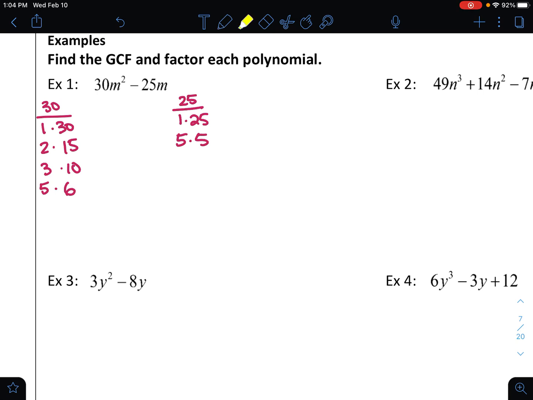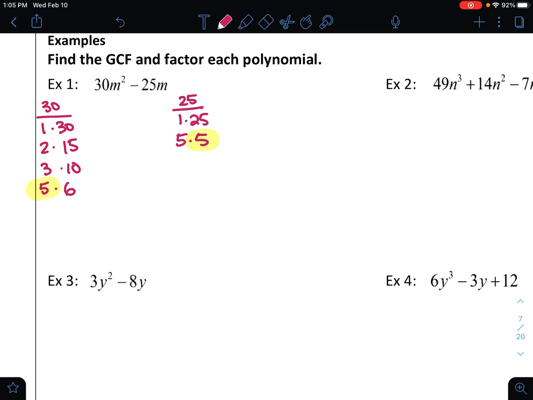So when I look at this, I see that 5 is in 25. And do you see how 5 is also a factor of 30? If I were looking at 25 here, I would ignore that because there's no 25 on this side. I can't use 10 because 10 is contained here but not over here. Okay, so 5 is going to be the GCF with respect to the numbers.